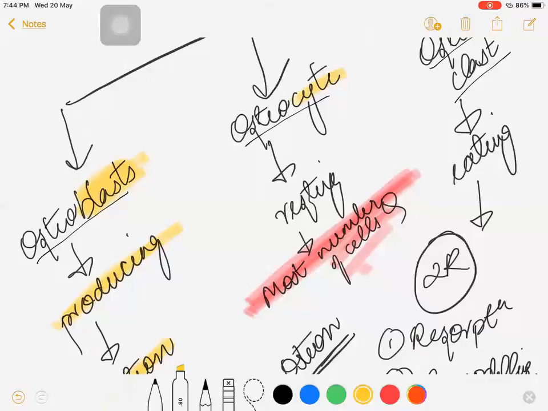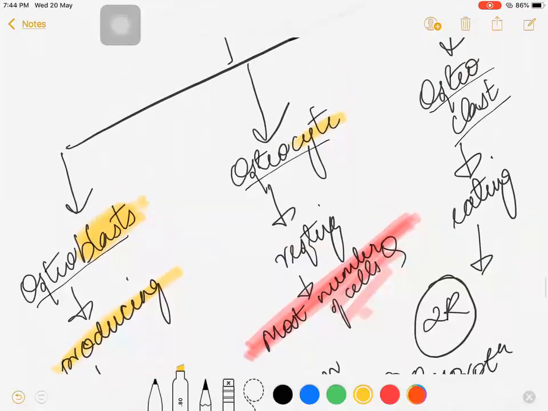Osteoblasts are the young, hardworking people producing osteon, bringing wealth to the bone, and osteocytes just sit there. It's done its job. It's resting. And then osteoclasts are basically the children of the family. They're eating up all the produce that has been brought into the family, all the wealth.